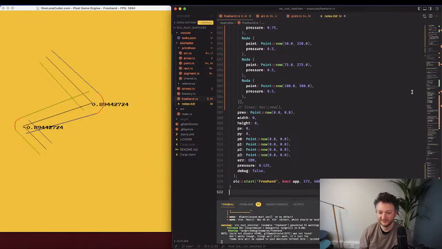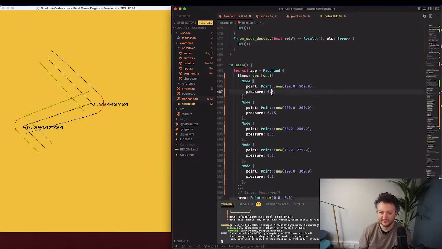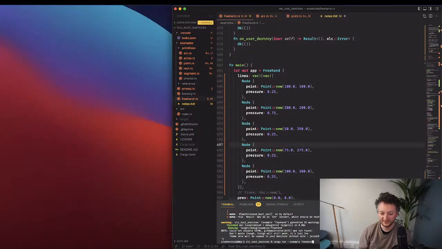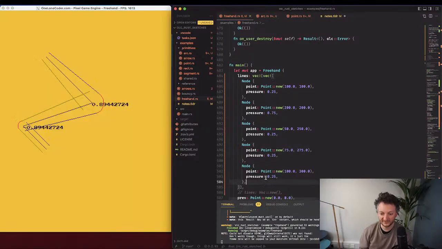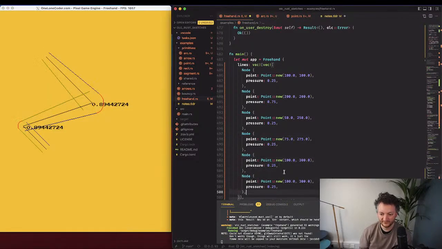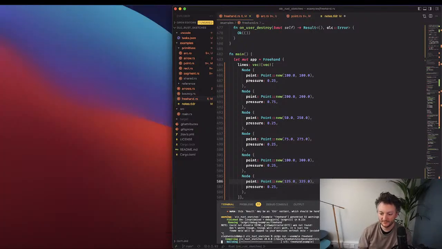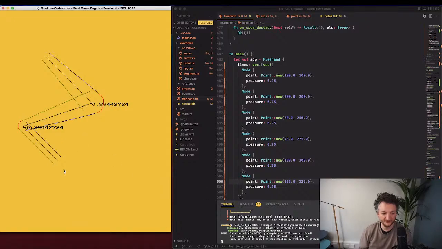So let's bring all these pressures down. And I want 2 that are almost straight in line with each other. Because these 2 are actually straight in line with each other. Is like 1, 2, 3 here.